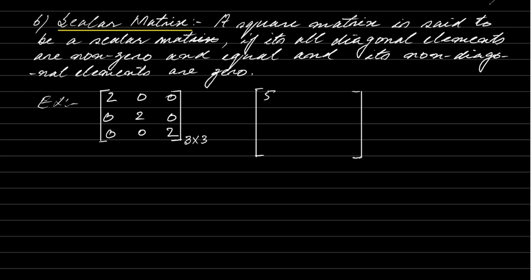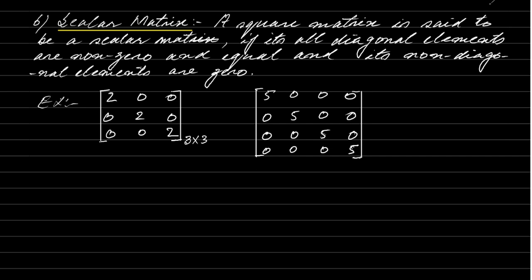Like 5 0 0 0, 0 5 0 0, 0 0 5 0, 0 0 0 5. So this is an example for scalar matrix of 4 by 4 order.